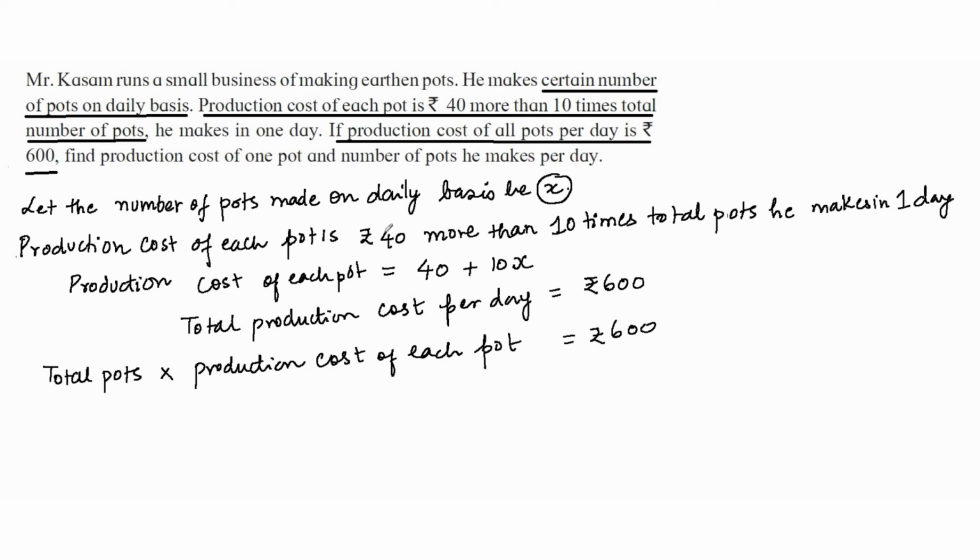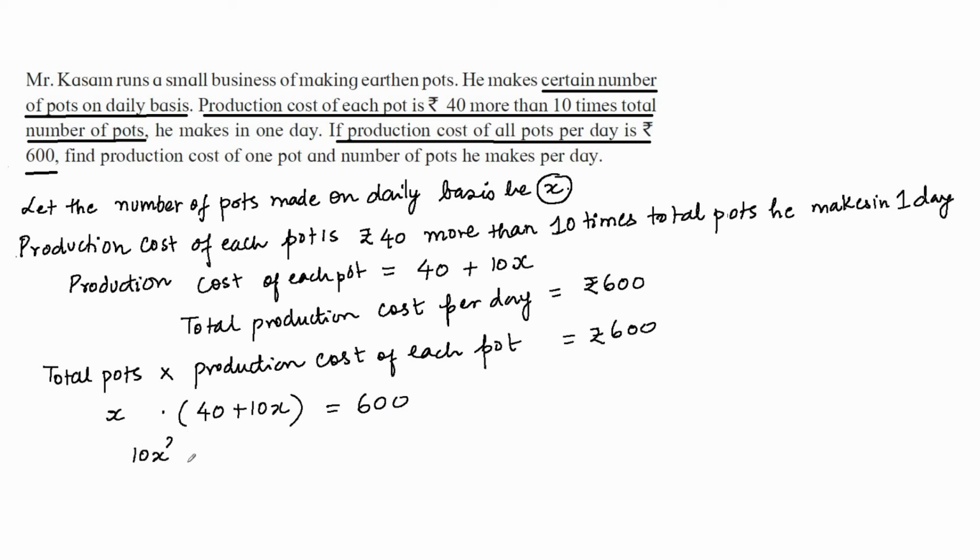Okay, so the total pots made on a daily basis is x multiplied by the production cost of each pot, which is 40 plus 10x. So number of pots multiplied by production cost of each pot is equal to rupees 600. I can divide, or I can first expand this.